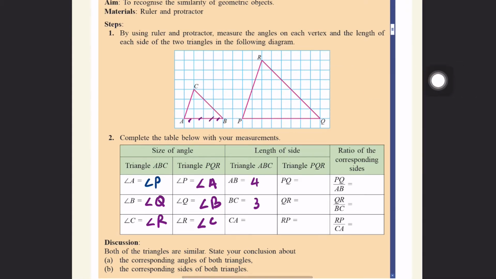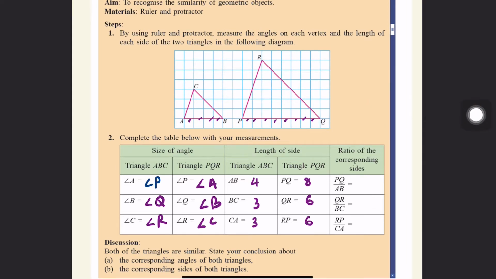CA: 1, 2, 3, for example 3. Then for triangle PQR, for PQ we have 8 units. For QR, 1, 2, 3, 4, 5, 6, for example 6 units. And for RP, also 6 units.